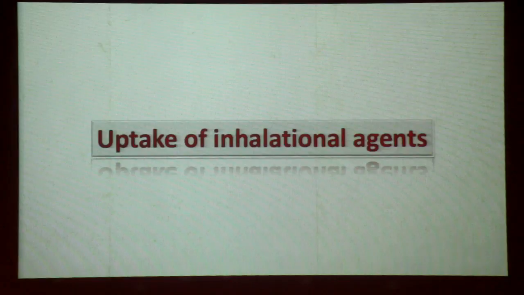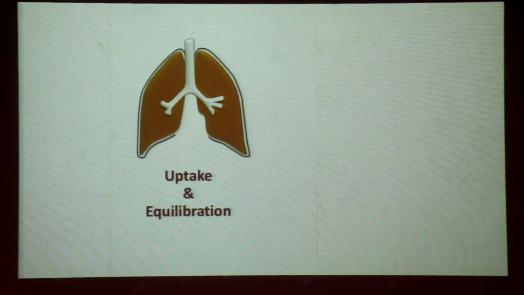Now with this background of what inhalation anesthesia does, which is to properly anesthetize the patient, let us talk about the uptake of inhalation agents. Uptake and equilibration are the two points we need to consider together. How do the inhalation agents go inside the lung?